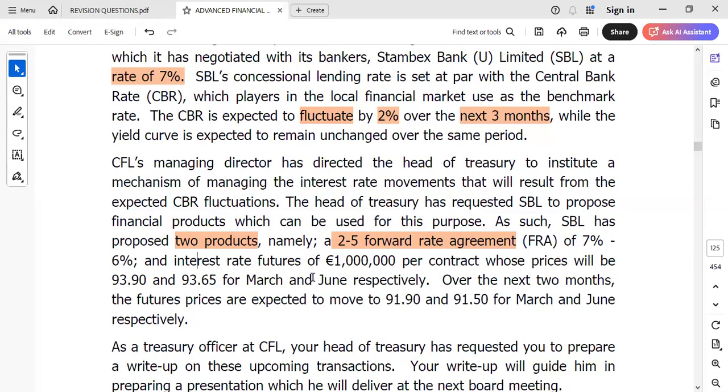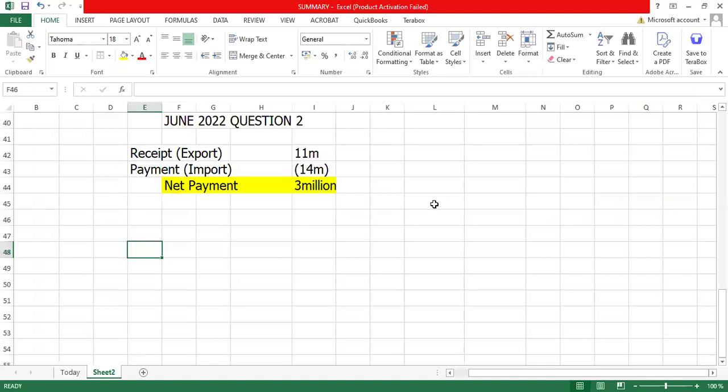And interest rate futures, for us now, we don't want to deal with the interest rate futures. We are still handling the forward rate agreement. So in a situation where we are given different forward rate agreements, you need to know which one to use.